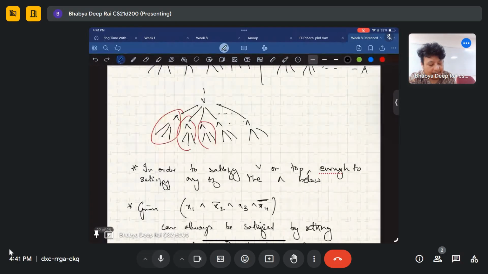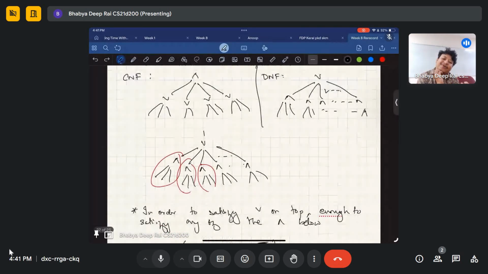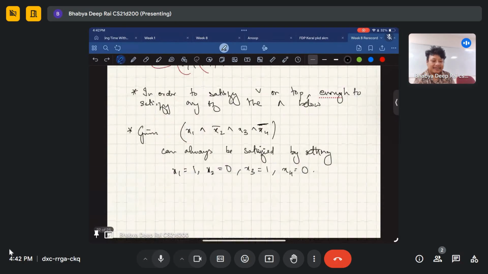So the algorithm is so simple, and therefore your answer will always be satisfiable unless, okay, so when can you not do something like this?